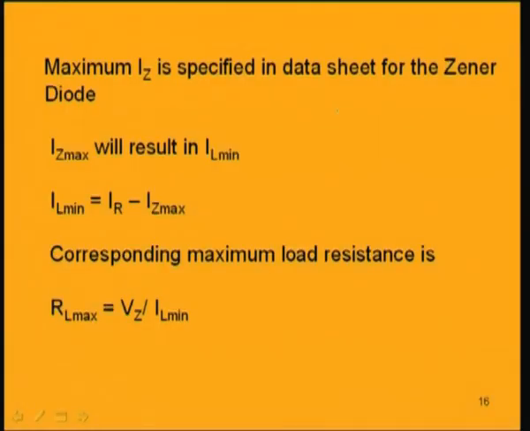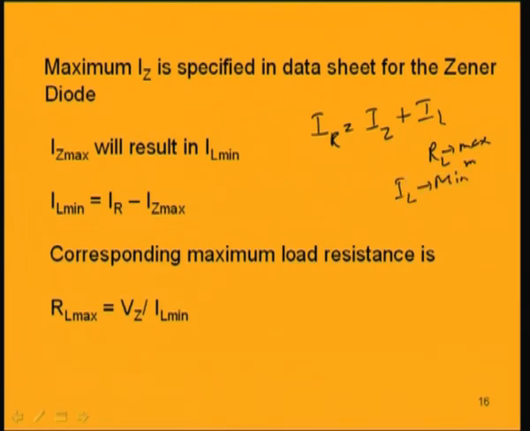Now, let us find out the maximum load resistance. When you have maximum load resistance, then load current will be minimum, because IR is equal to IZ plus IL. When RL is maximum, this IL, the load current, is minimum.